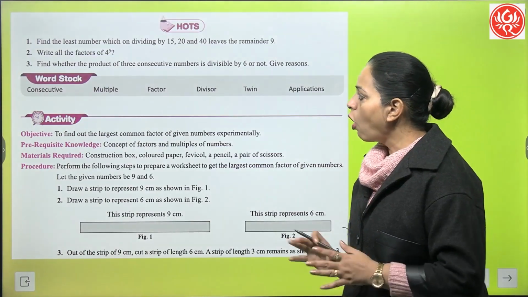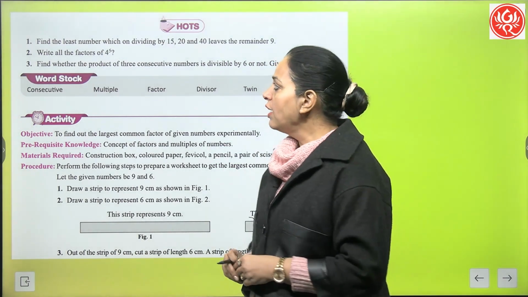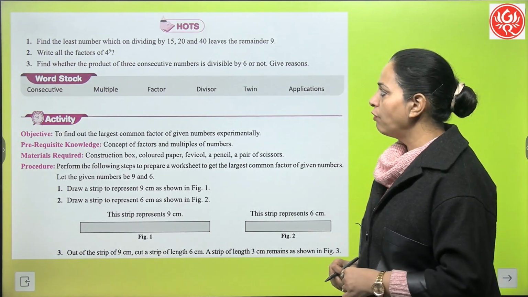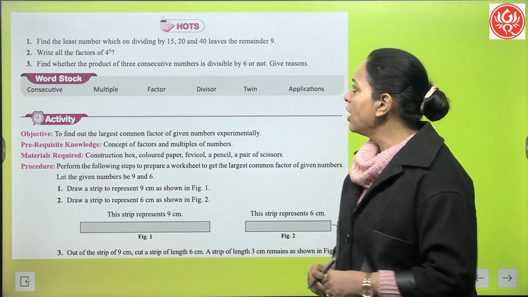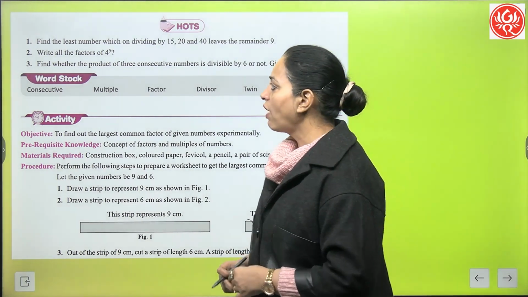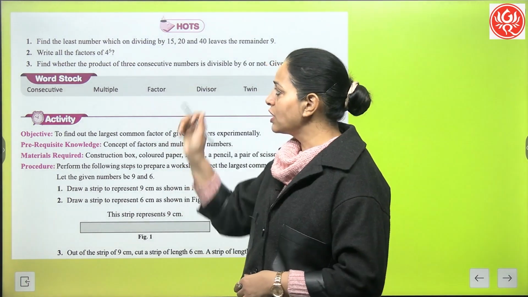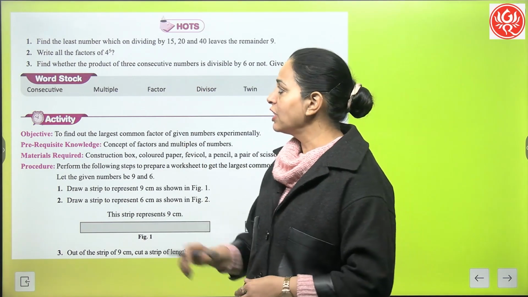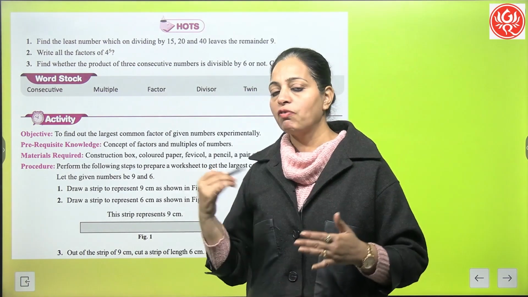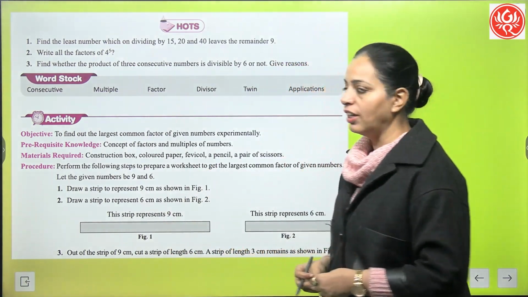Okay. Now HOTS, some question over here. Like the first one, find the least number which on dividing by 15, 20 and 40 leaves the remainder 9. You can try this one. The second one, write all the factors of 4 raised power 5. You can try this one. First of all, solve this number. जो भी number आएगा फिर उसके factors हमें find out करने हैं.